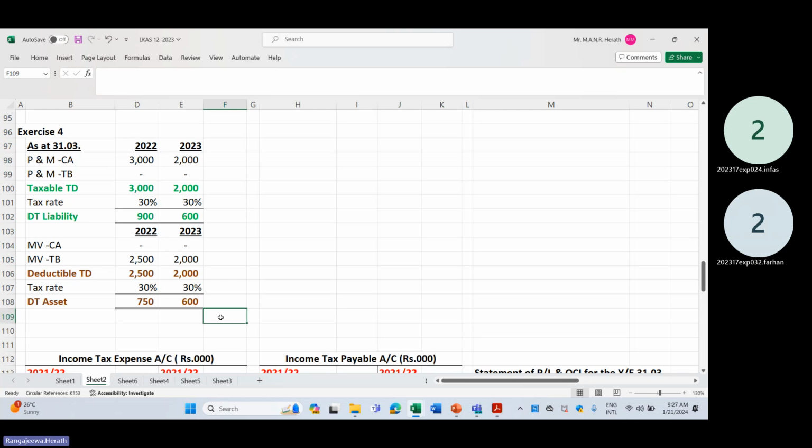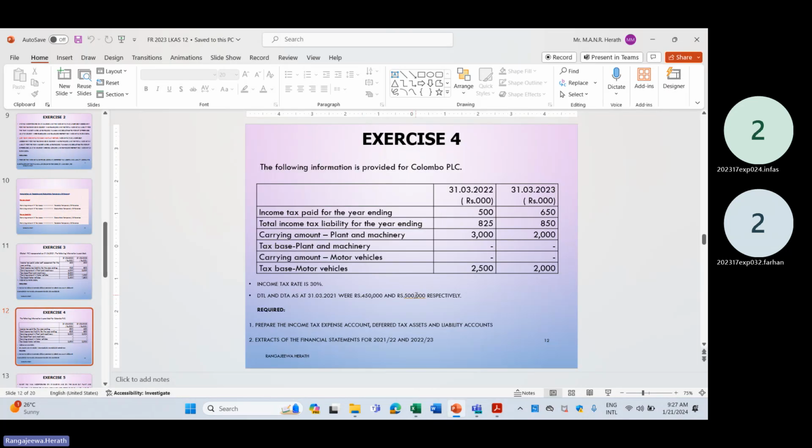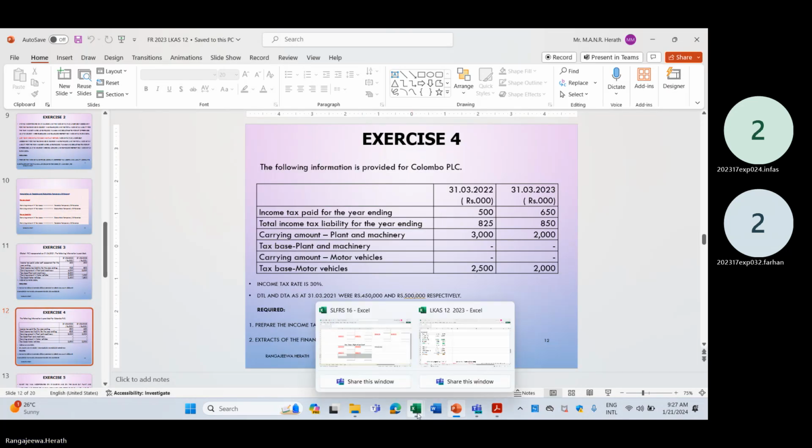Now we can prepare the income tax expense, tax payable, deferred tax liability and deferred tax asset accounts. Here we have an opening balance of deferred tax liability 450 and deferred tax asset 500.